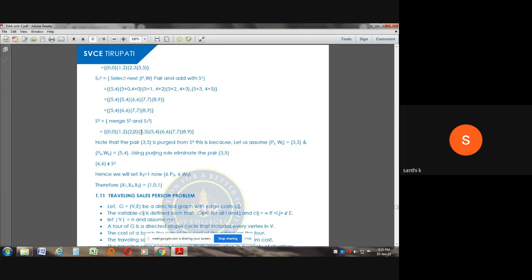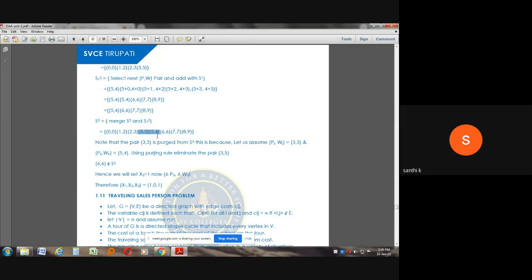But if you take these two ordered pairs, (3, 5) and (5, 4), Pj, that is 3, is less than or equal to Pk, 5. The condition is true, and at the same time Wj, that is 5, is greater than or equal to Wk, 4.